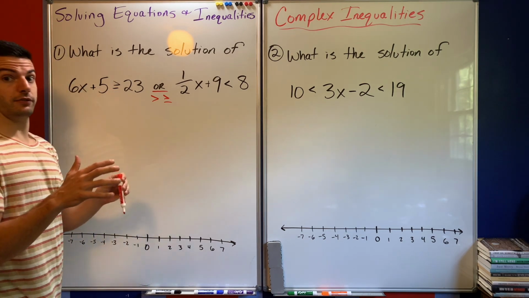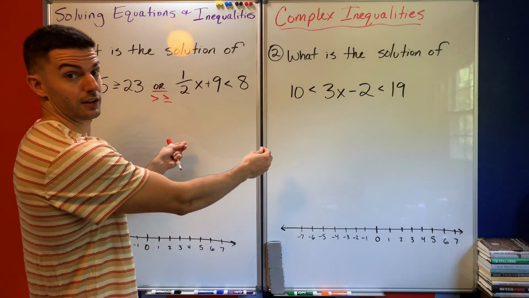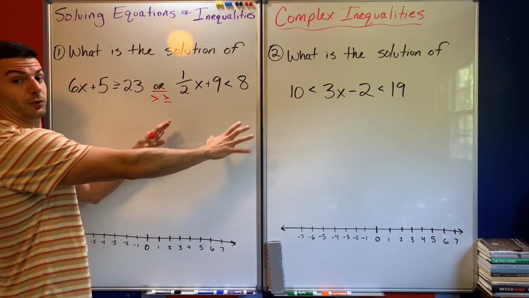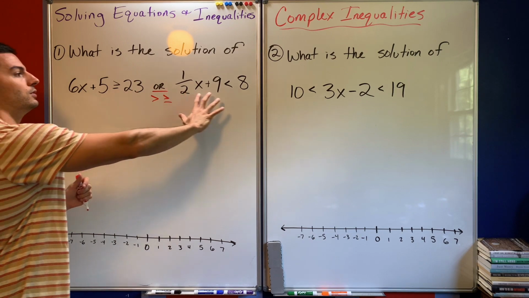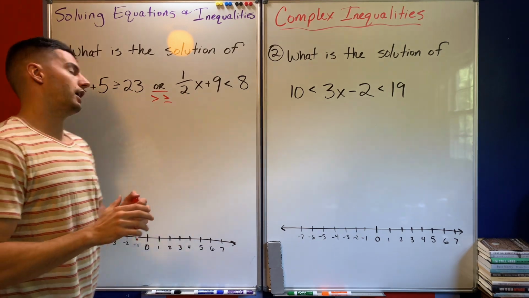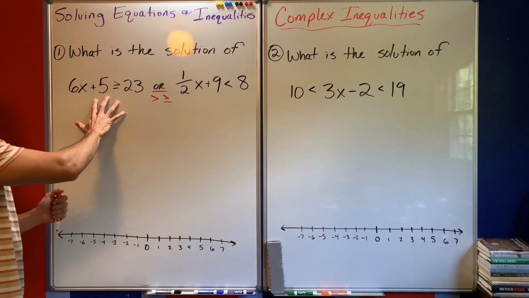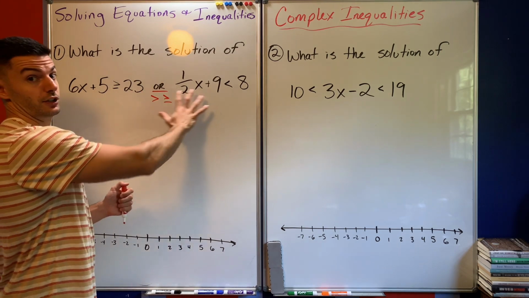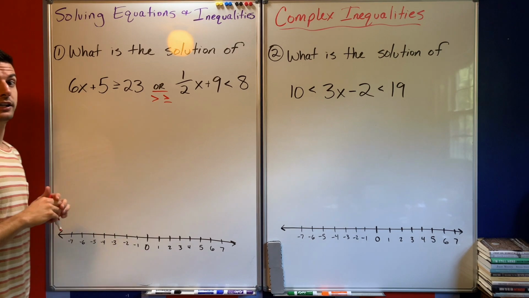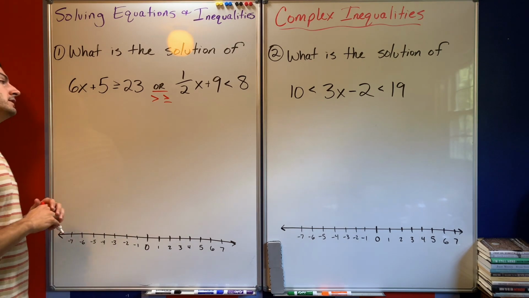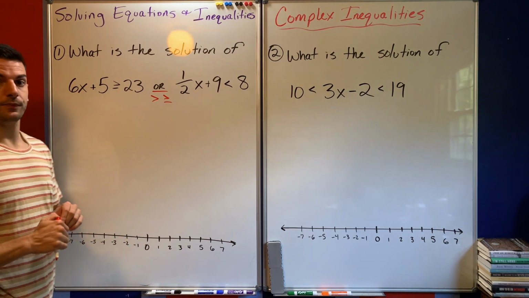Because with absolute value, we have to split the inequality up, and that's where we get our two solutions from. But when they are normal inequalities without an absolute value, we have two totally separate, totally different inequalities that we're going to solve separately. And that's where we get our two answers from, okay?